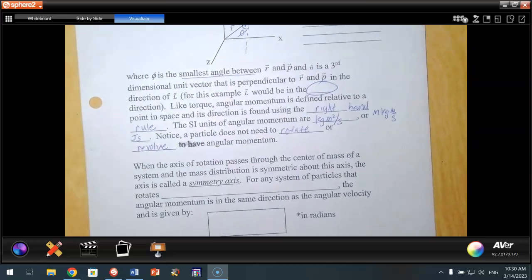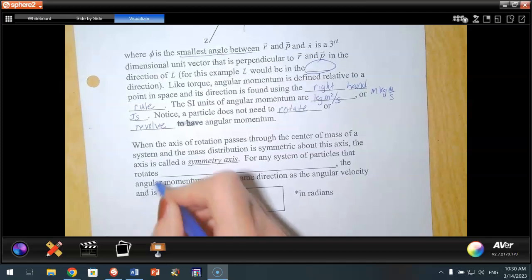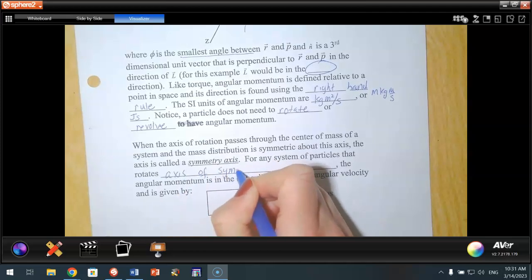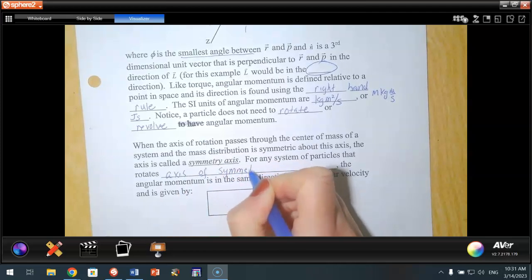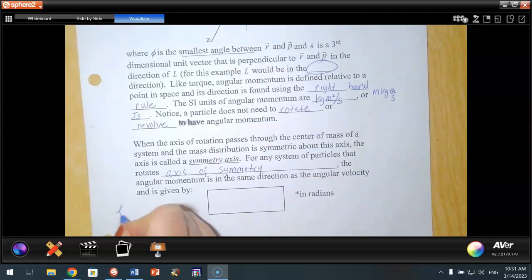So then there's another formula that we can use for angular momentum as well. This formula is for objects that are spinning or rotating on a symmetry axis. So things that do rotate can have angular momentum, for instance a merry-go-round or a record on a record player. If it's rotating around an axis of symmetry, then I can also find the angular momentum by creating it from the linear momentum formula.